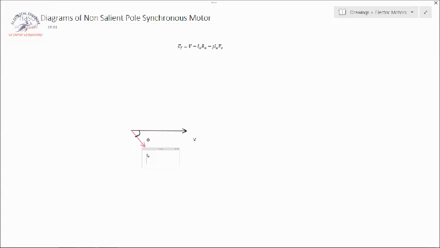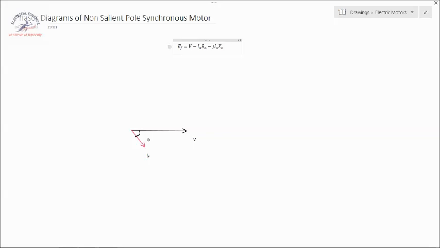The next term we have is IaRa. IaRa is the voltage drop in the resistor.